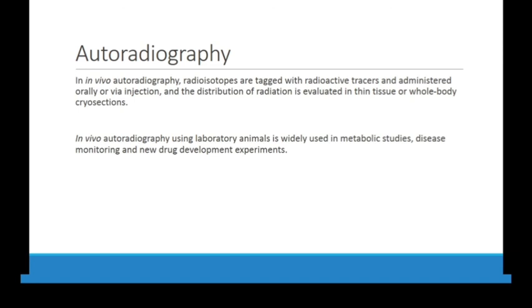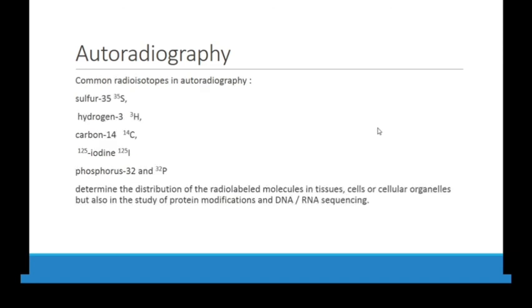Also for the PET scan, which is used for cancer, the tracer goes to your cancerous tissue. It will detect the cancer tissue and start to accumulate there, and you will detect the radiation by positron emission tomography. These are the common isotopes used in autoradiography: sulfur, hydrogen, carbon, iodine and phosphorus.